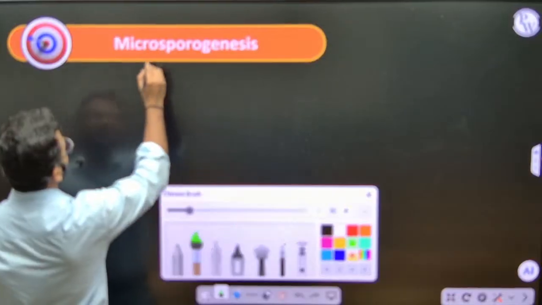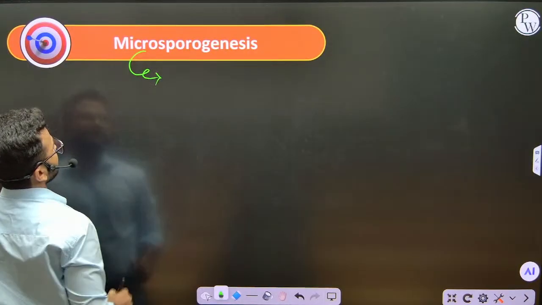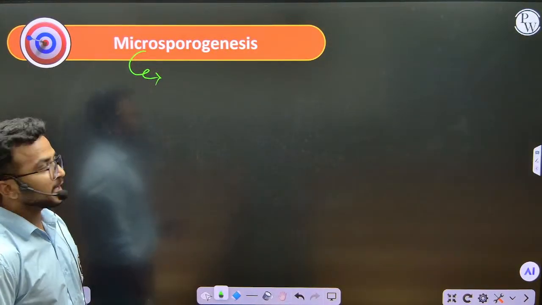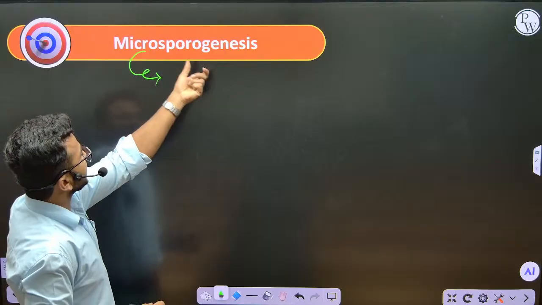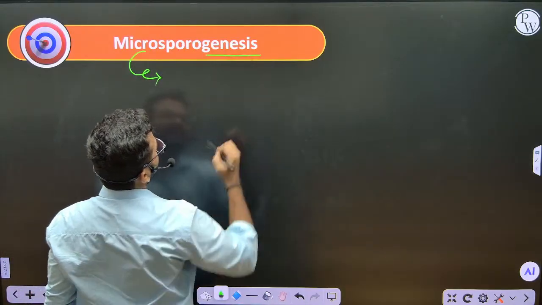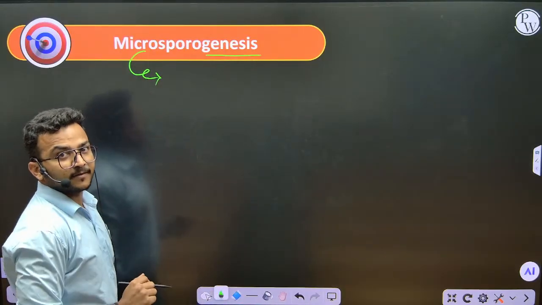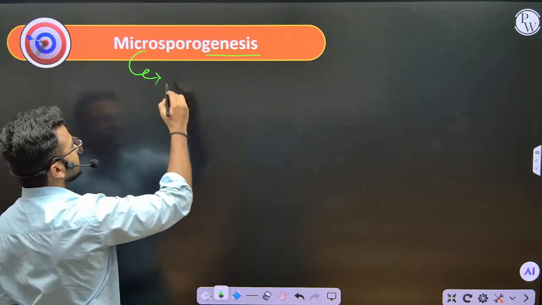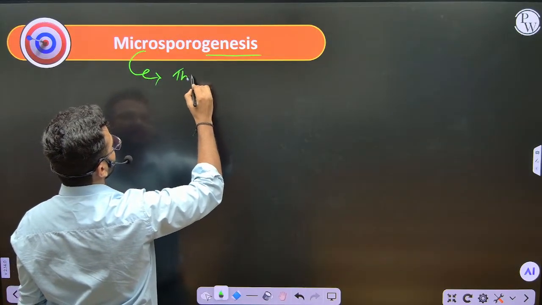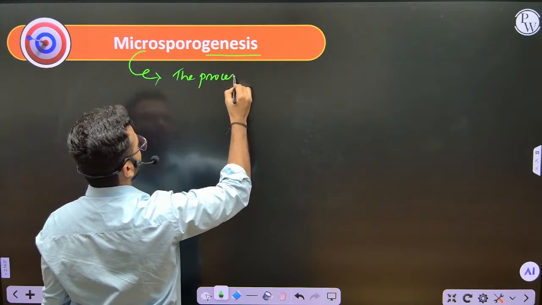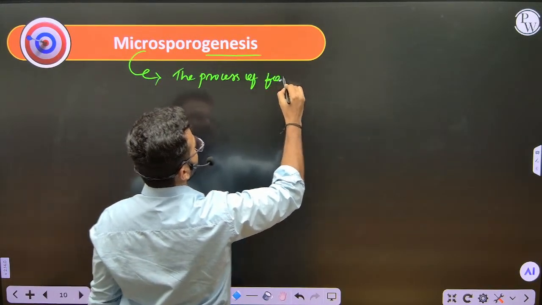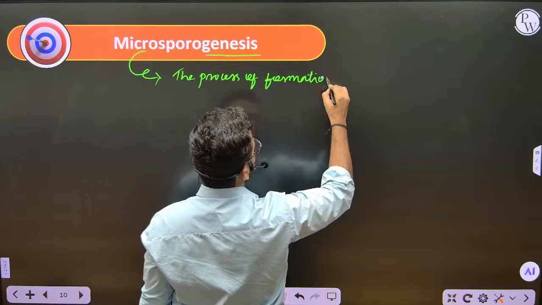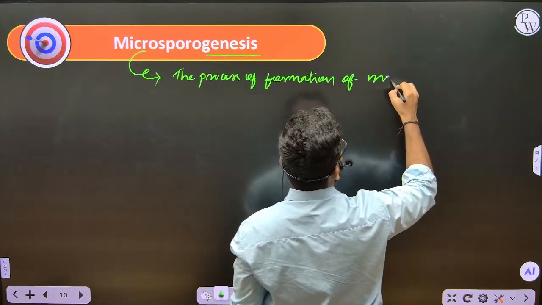Next we are going to discuss microsporogenesis. As the name indicates, understand the wording: genesis in the sense of formation. Microsporogenesis is the process of formation of microspores.